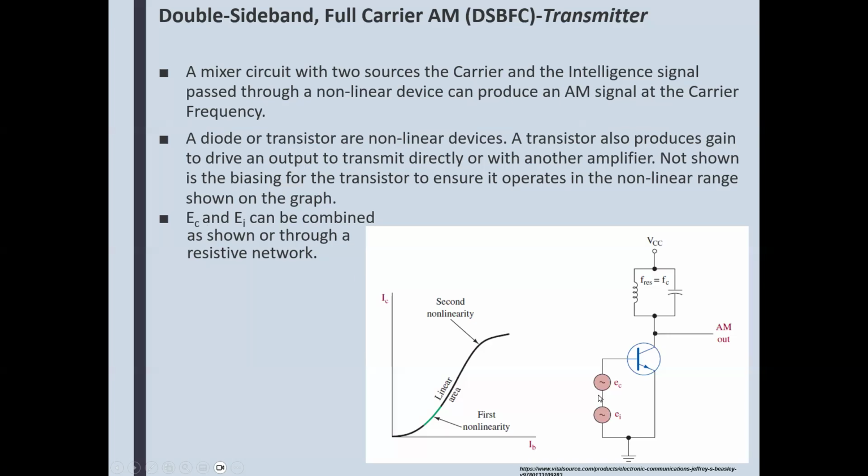So here's the E carrier and the E intelligence, which can be combined and shown as a resistive network like that here. And here is the tank circuit, which pretty much acts as, and get used to this terminology, a tuner, because by setting the resonant frequency of the tank circuit, we can tune to whatever frequency we want in order to transmit or receive a carrier.